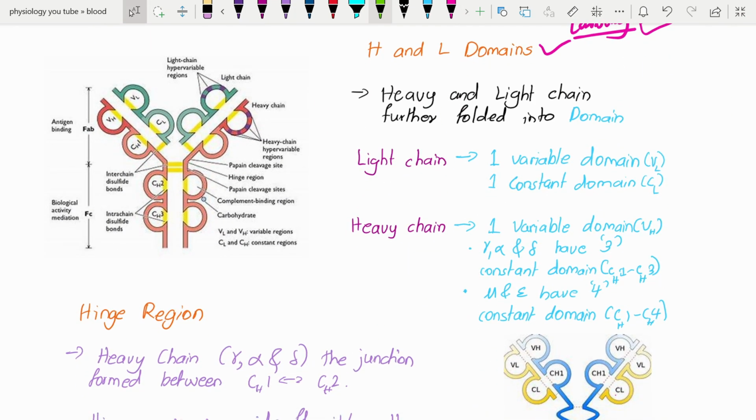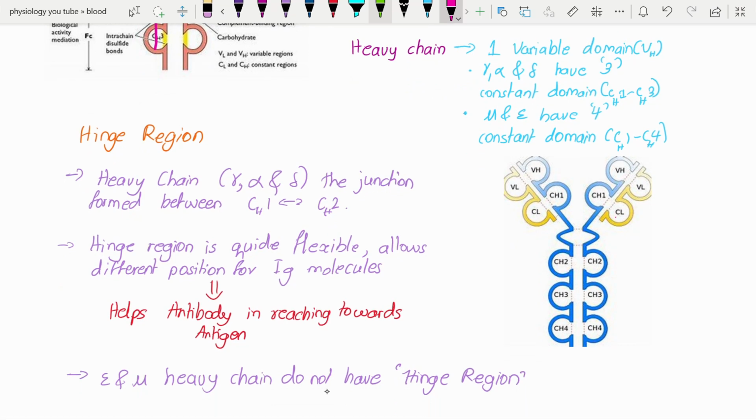These domains are nothing but further folding of the chains itself. We have a variable light chain domain and a constant light chain domain. In the same way, a variable heavy chain domain and three constant heavy chain domains. It's not true for all heavy chains, because as you can see here, mu and epsilon have four constant domains.